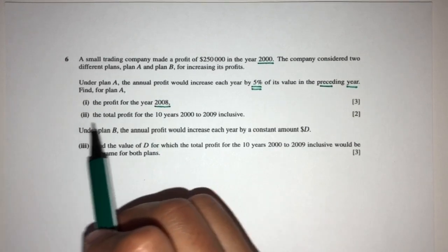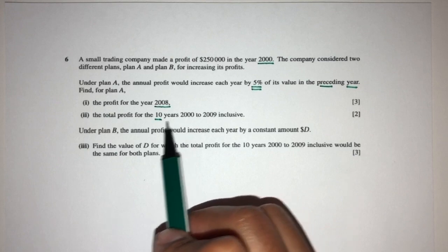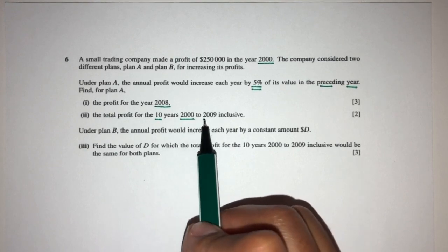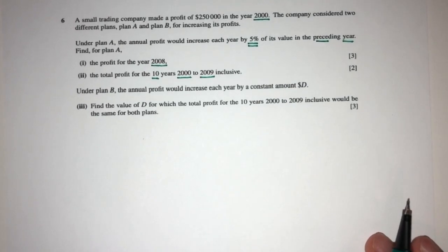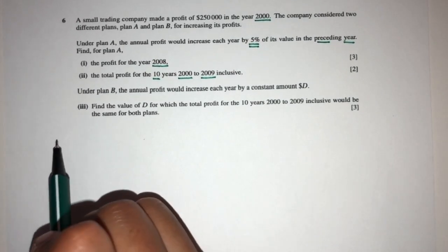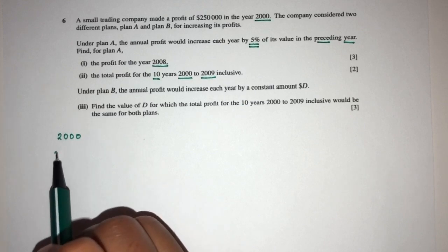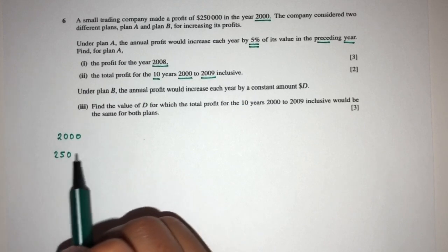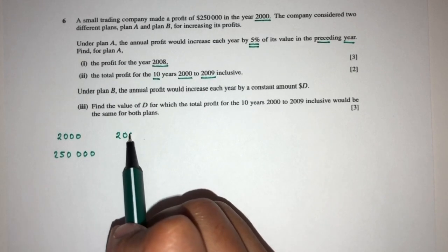Then we have to find the total profit for 10 years, until 2009. One by one, we have to understand what's happening here. We begin with the year 2000, where the profit was 250,000. What is the profit in 2001?